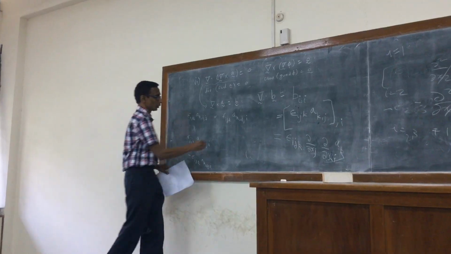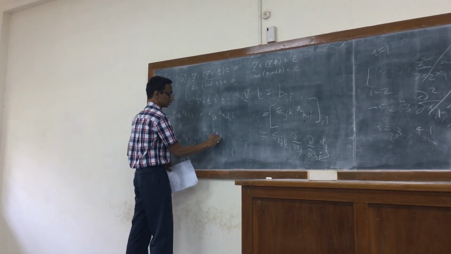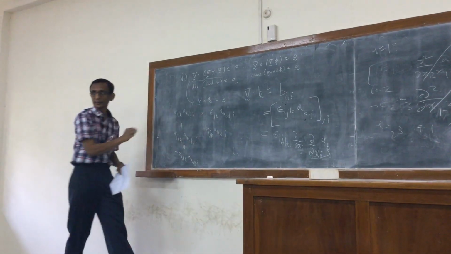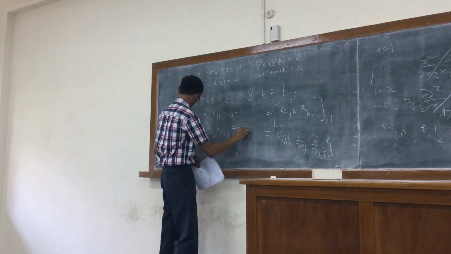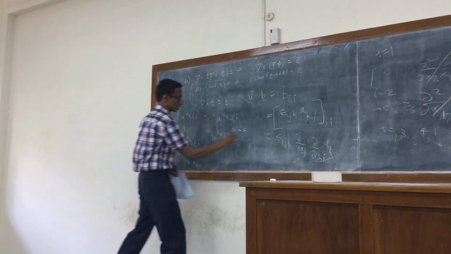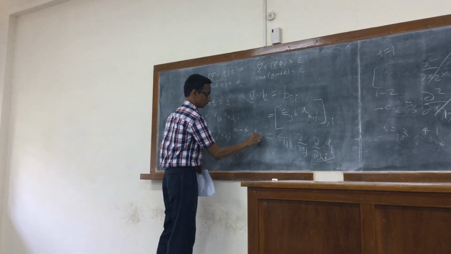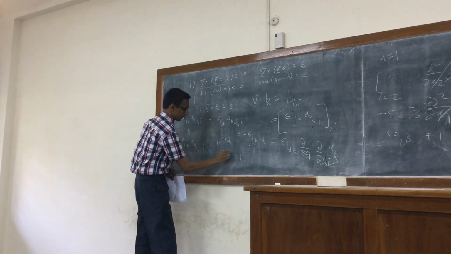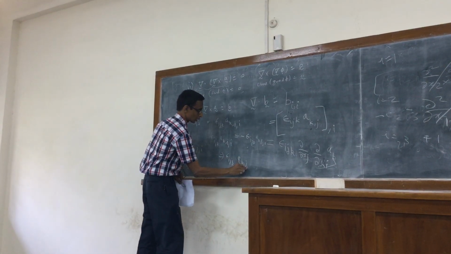What I have shown is that epsilon ijk ak comma j comma i is equal to minus epsilon ijk ak comma j comma i, which implies that it is zero.